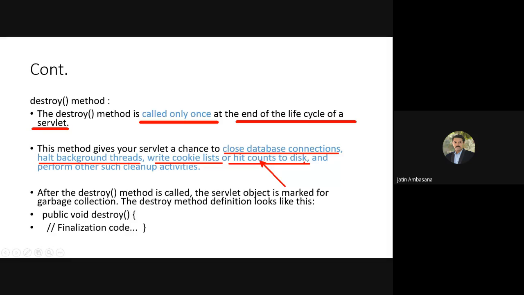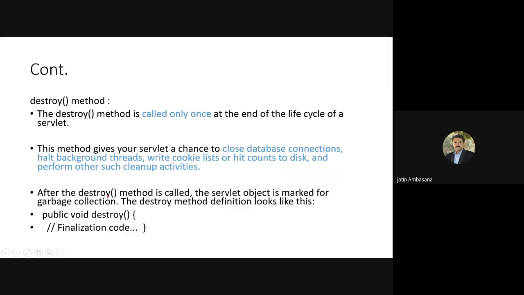That kind of hit count may be stored to disk or to a database. It will help you perform other such cleanup activities. After the destroy method is called, the servlet object is marked for garbage collection, and after that the actual object will be garbage collected. The declaration is public void destroy.